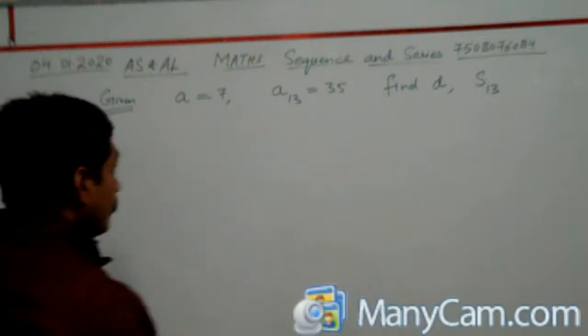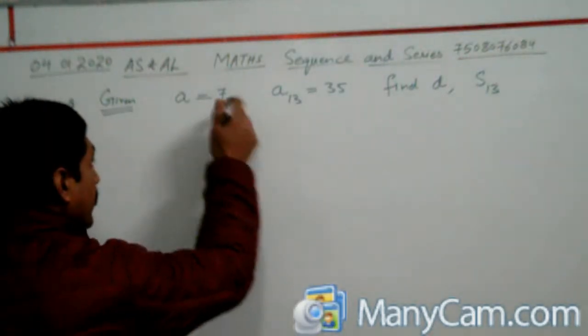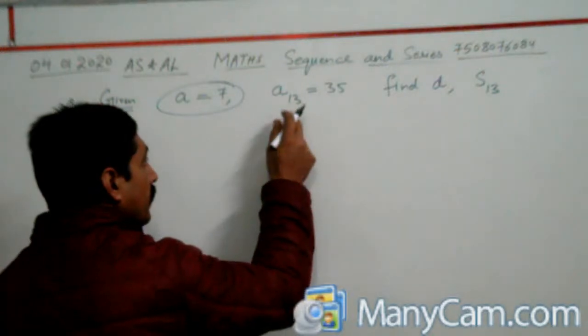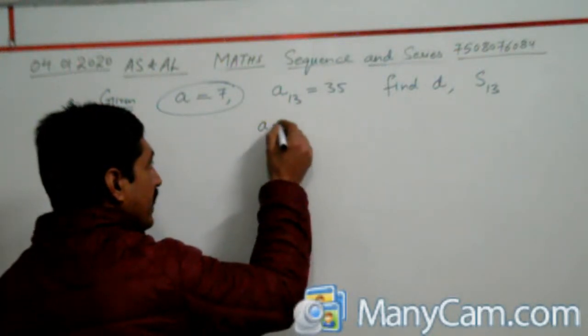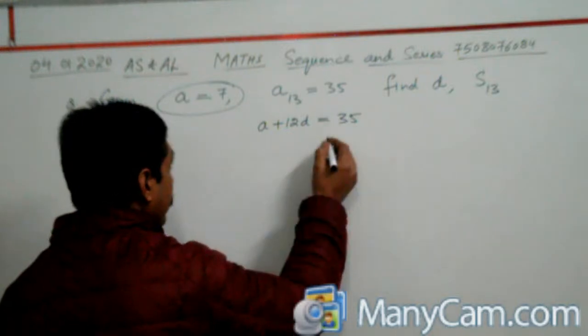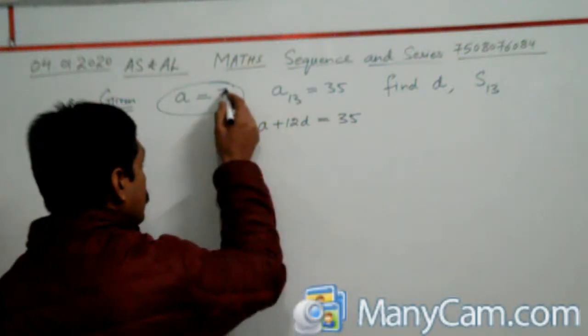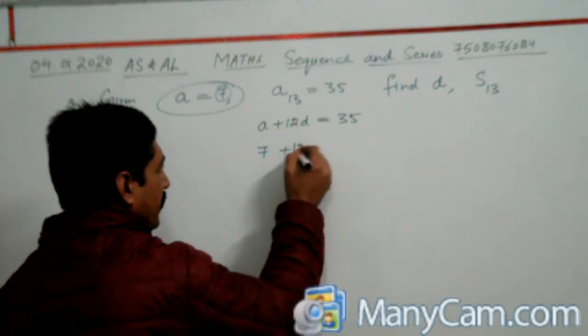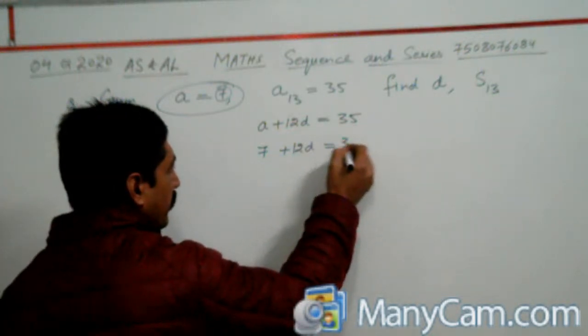Here a is given as 7, and we can find d because a₁₃ can be written as a plus 12d, which is equal to 35. Substituting the value of a as 7, 7 plus 12d is equal to 35.